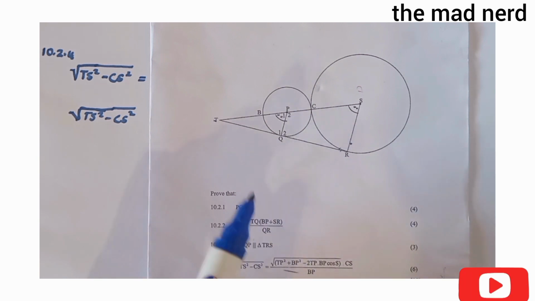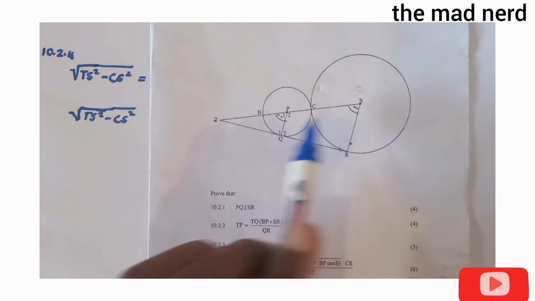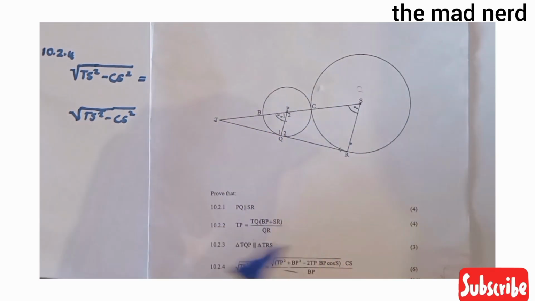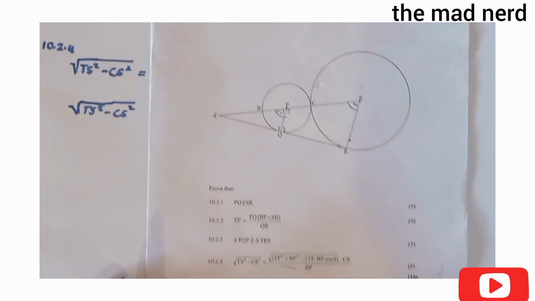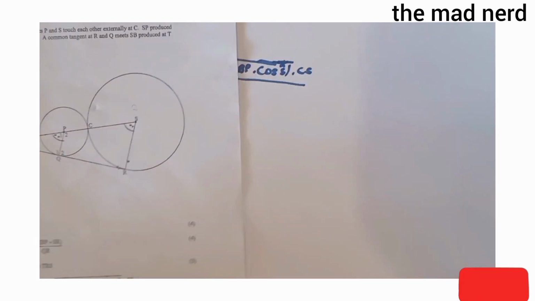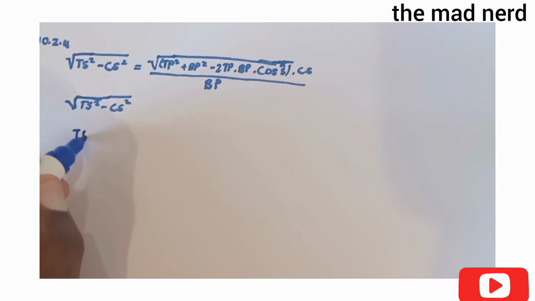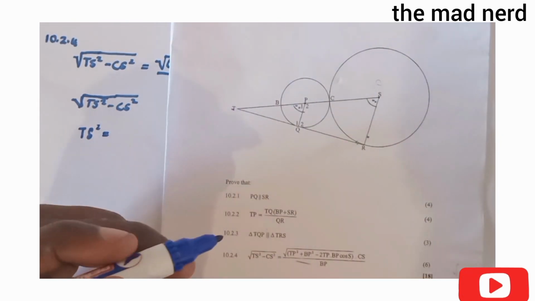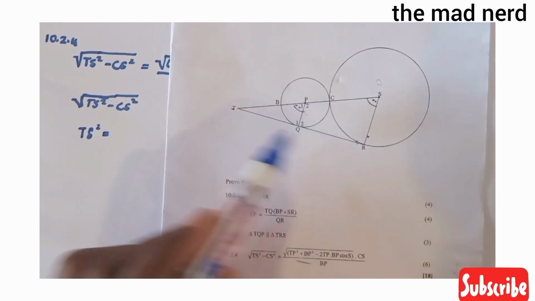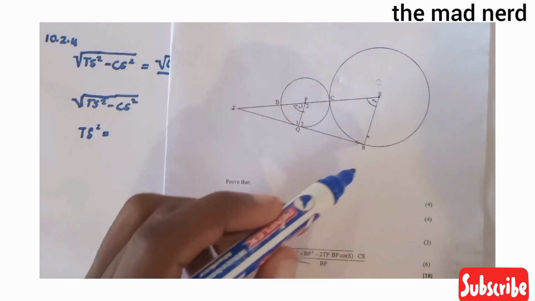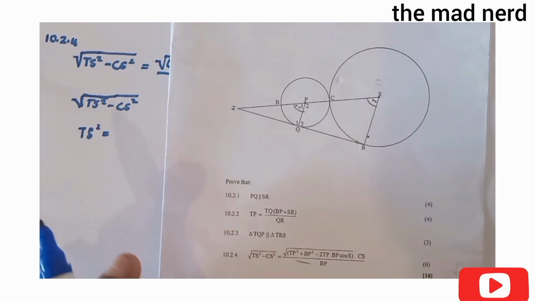So now, since TS is the hypotenuse, we can say over here that TS squared is equal to, here is the TS squared, it's the hypotenuse. We can add SR squared with TR squared to get TS squared.